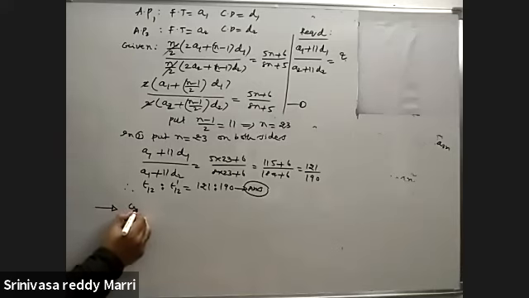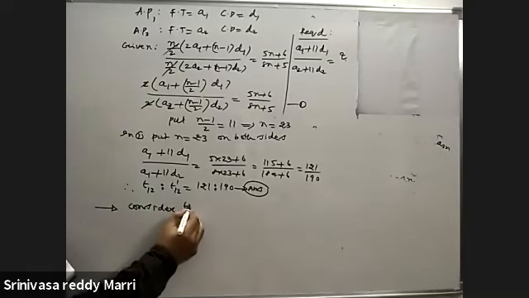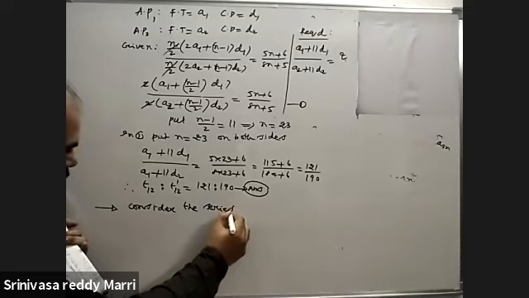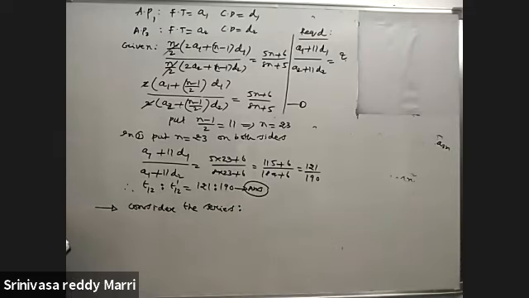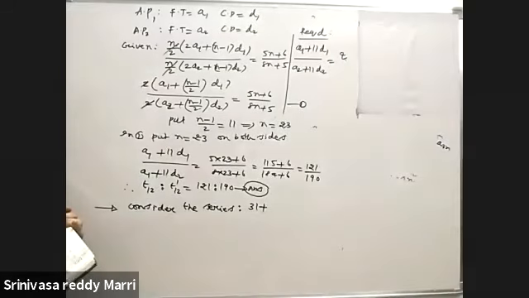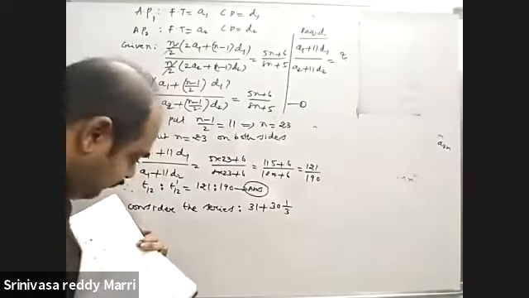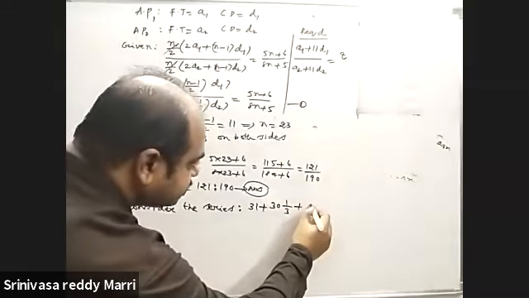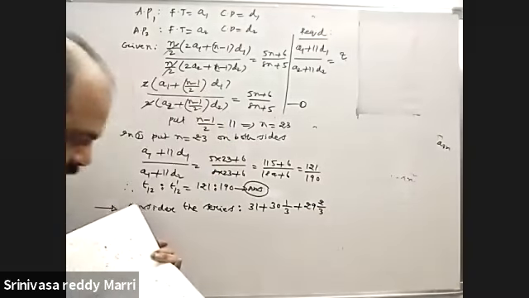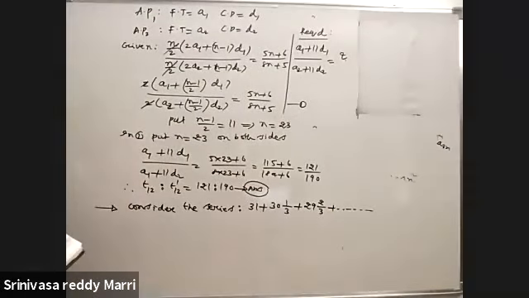Next problem. Consider the series 31 plus 31 by 3 plus 29 2 by 3 plus and so on. Like this, numbers are given.